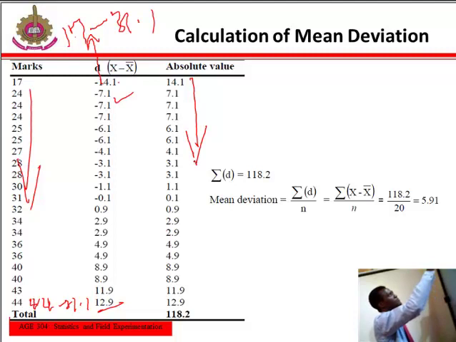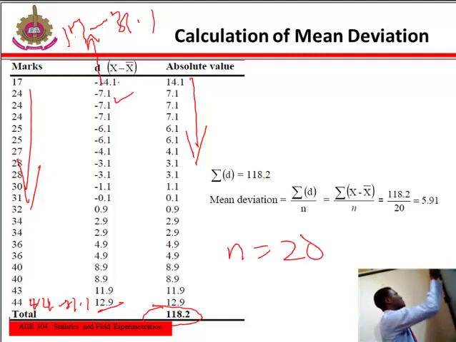If you observe this column very well, we have removed all the negative signs that we had there. Here we now obtain the summation, that is the total of all the absolute values, which sums up to 118.2, and also we get the number of all the observations, which stand as our n, and our n here is 20.